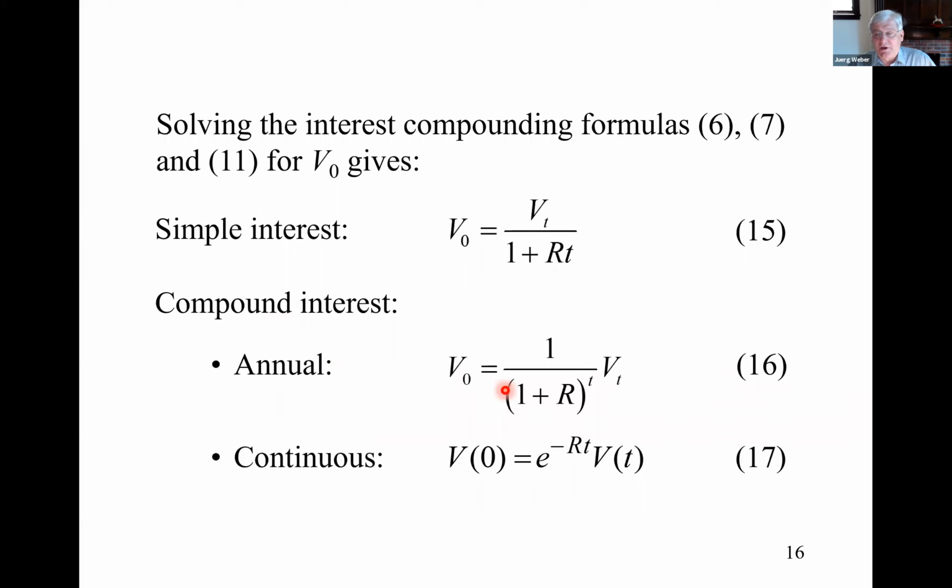So you have solved the equation for V0, but then you have to actually apply this. You see, you apply just the appropriate number of years. You discount by T years here.